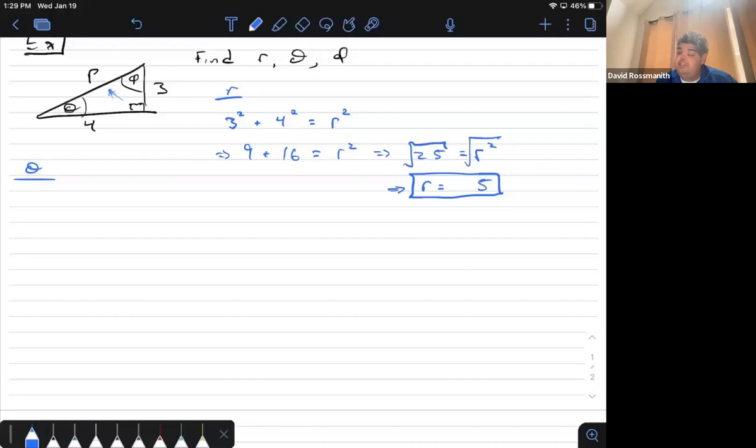And so it's possible that when I calculated using the Pythagorean theorem and I got 5 as the answer for R, maybe I plugged something in my calculator wrong. So 5 is not the right answer. Maybe it's supposed to be 6, but I don't know it. I think it's 5. Well, if I use 5, which is wrong, to try to get theta, let's say I use sine is opposite over hypotenuse, and I use the wrong value for the hypotenuse, then obviously theta is going to be wrong.